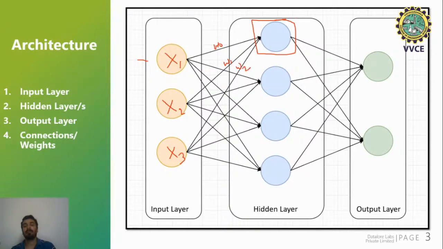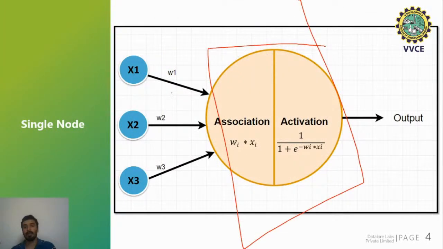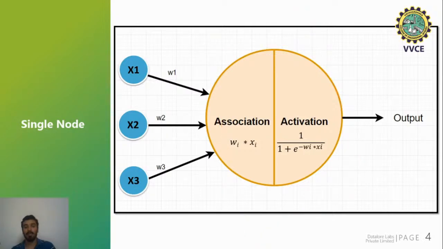If you zoom into this neuron, you'll get something like this. This is your neuron, and these are your input values, and you also have weights associated with those values. In the previous image, I didn't draw something which is actually really important for the model. It's called the bias unit.